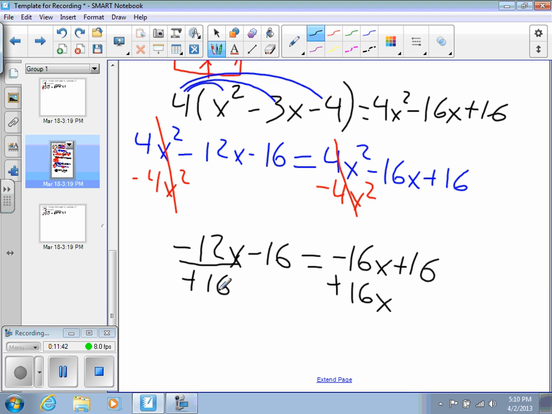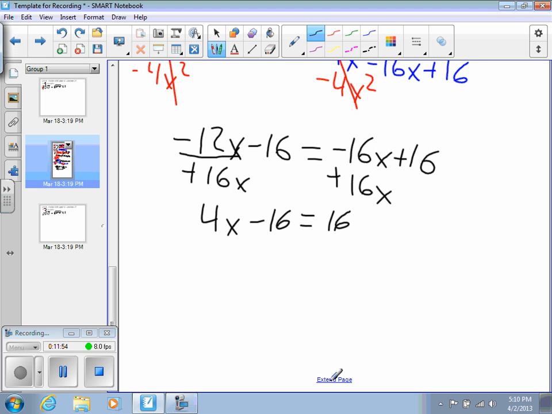So now I have, and that was supposed to be x, 4x minus 16 equals 16. So let's keep going here. Get our 4x by itself, so we're going to add 16 to both sides.